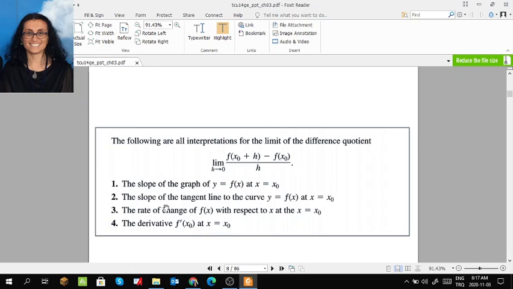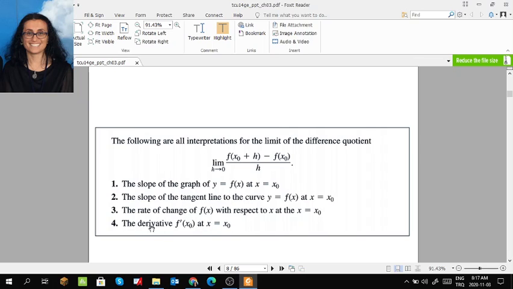And this slope, 1 and 2, is also going to tell us how this function is behaving. If the slope is negative, the function is going down. If the slope is positive, the function is going up, which means increasing. So the derivative is giving us information about the behavior of the function f.